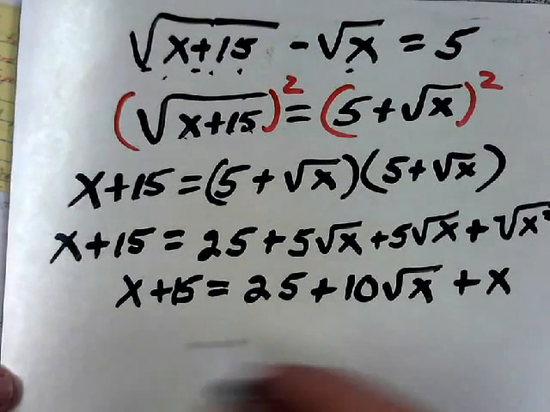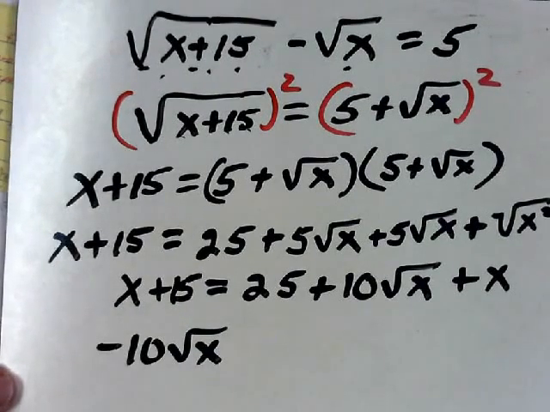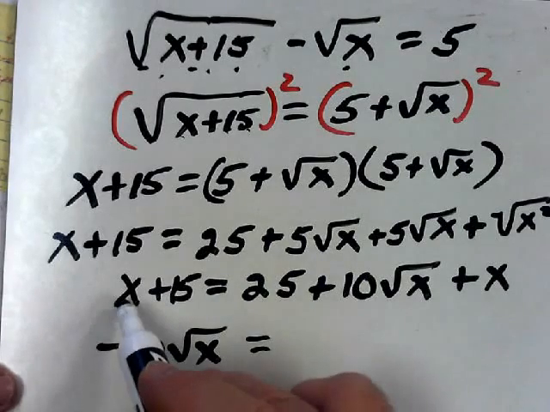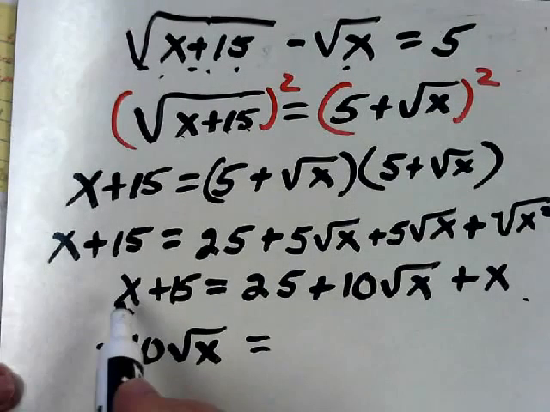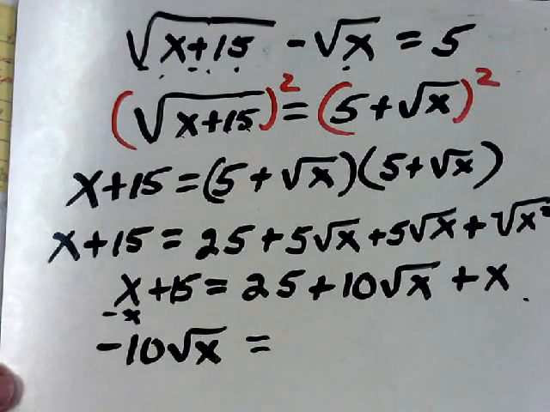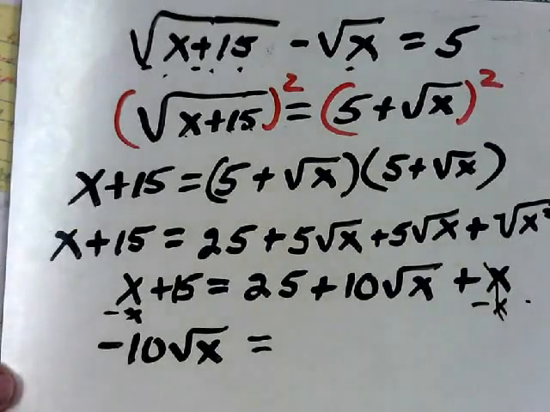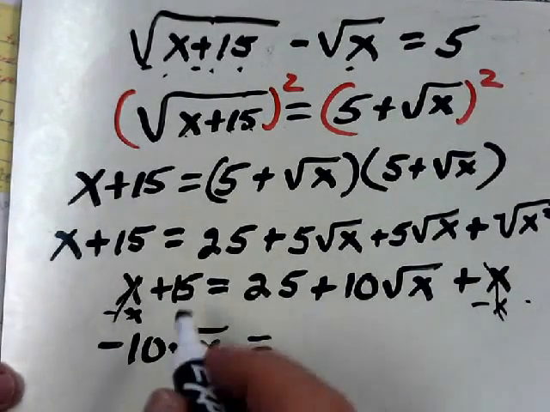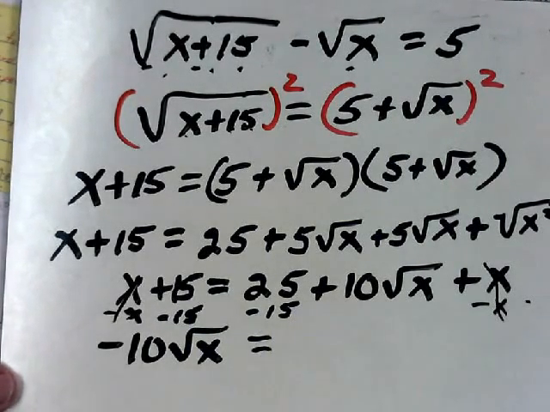So that means move it over to here, so I'd have a negative 10 the square root of x equals, I'm going to bring this x from the left hand side to the right hand side, so that means subtract x. They cancel out. So they're gone, right? What do I do with a positive 15? So it'd be 10.